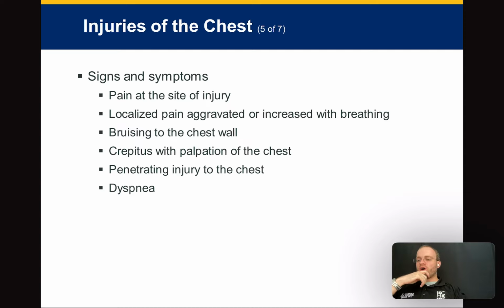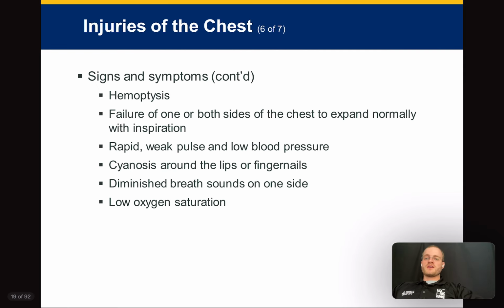Bruising to the chest wall. I'll show you some pictures. Crepitus with palpation of the chest. What's crepitus? I just said this. When broken bones rub together. Penetrating injury to the chest and dyspnea. What's dyspnea? It's the medical word for shortness of breath. Hemoptysis. What's hemoptysis?